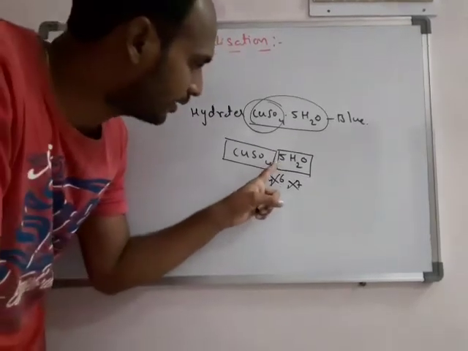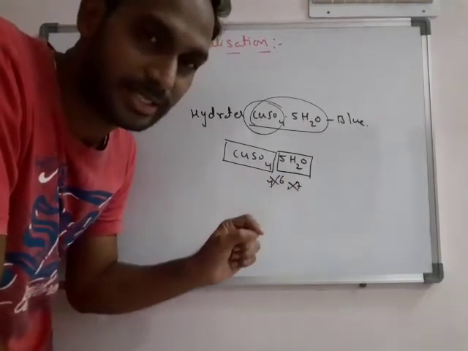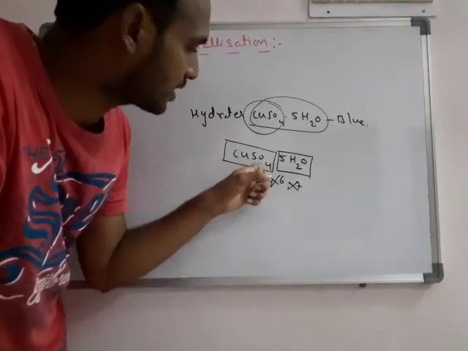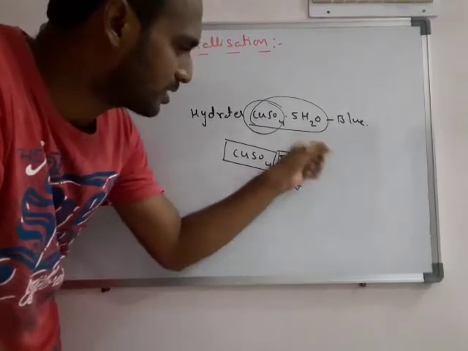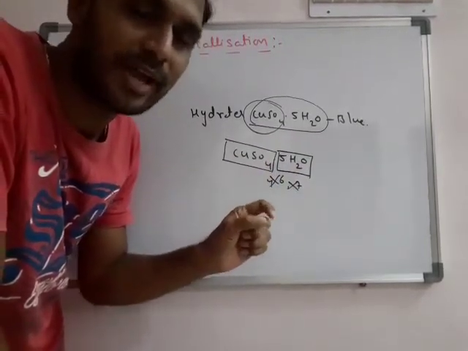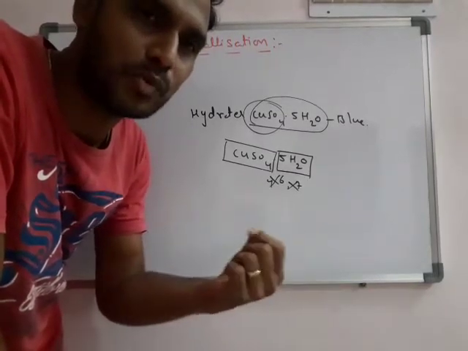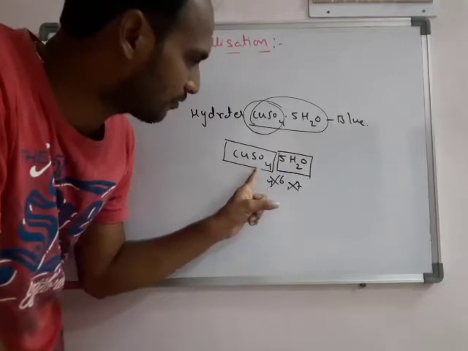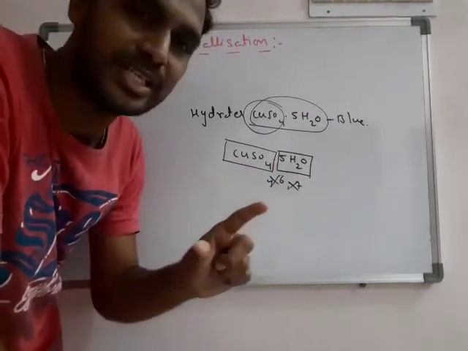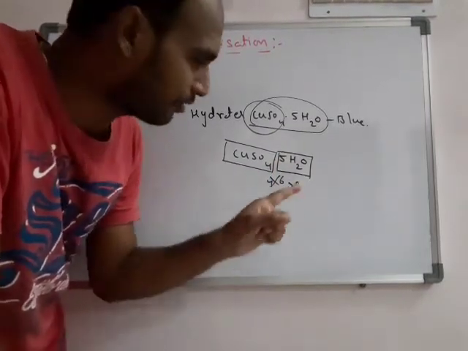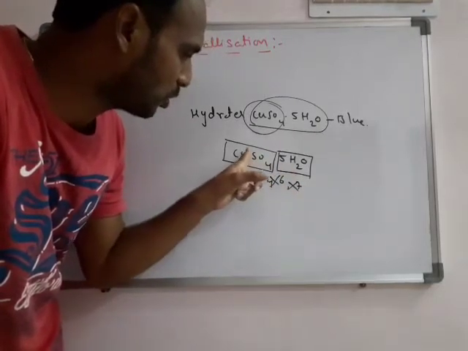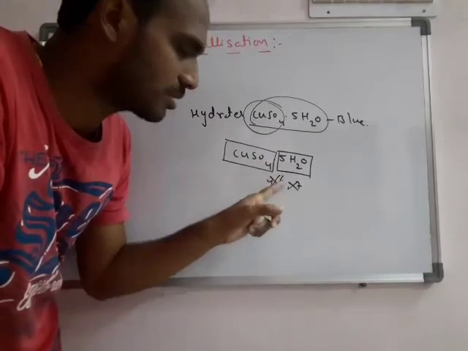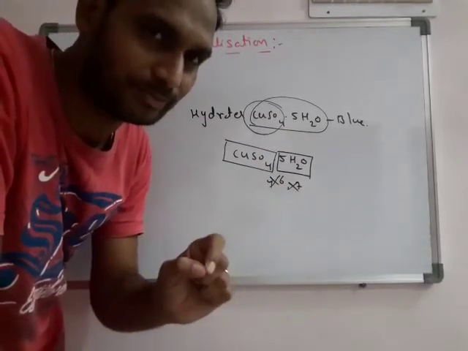So what is the importance of this 5H2O in copper sulfate? In hydrated copper sulfate, just on heating the salt, these 5H2O molecules are easily removed. But separating the copper, sulfur and oxygen is not an easy one.